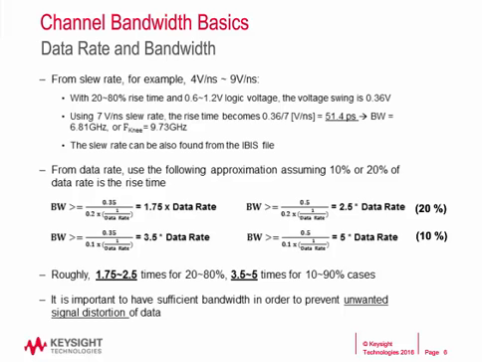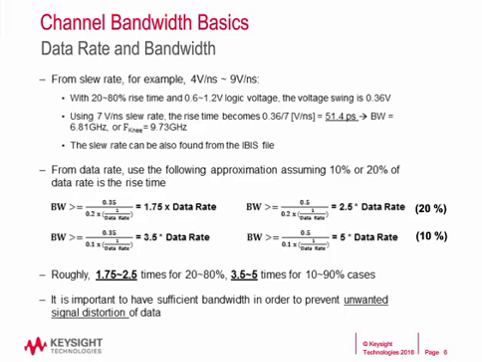Using 7 volts per nanosecond slew rate, the rise time becomes 51.4 picosecond. From this, we can calculate the required bandwidth, which will be 6.81 gigahertz, or by using the knee frequency, will become 9.73 gigahertz.